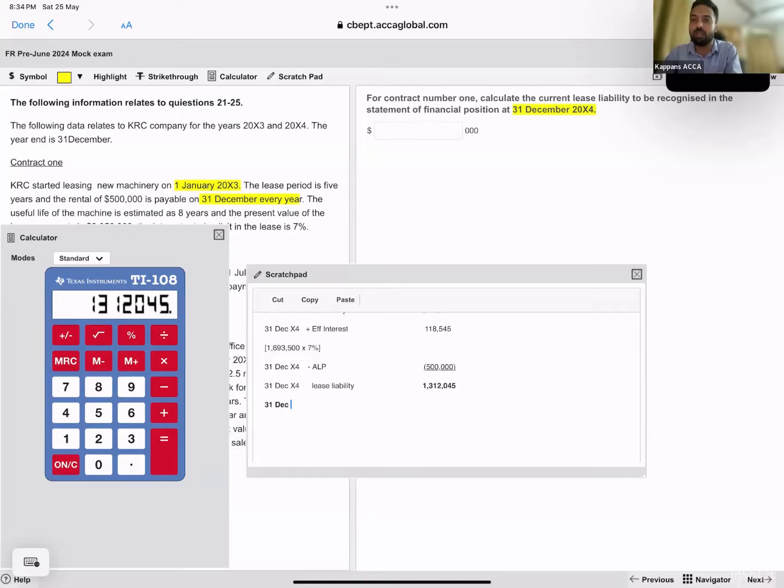So 31st December X5, the effective interest would be 1,312,045 into 7%, that is 91,843. 91,843 is the effective interest, and on 31st December X5 at the end of the year, minus the annual lease payment of 500,000.